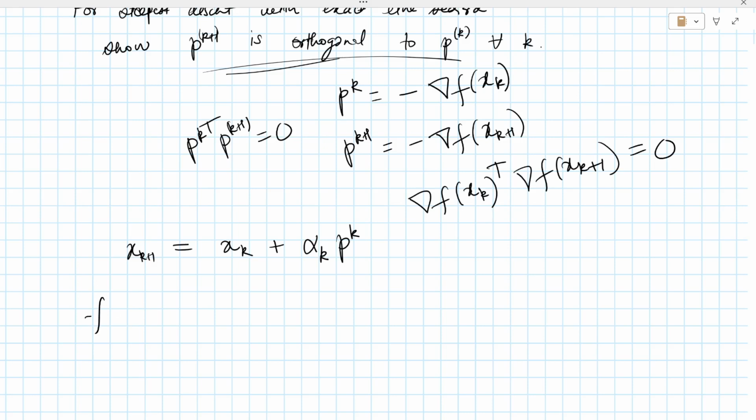So if we have some f of alpha k, then alpha is such that this derivative is zero, right?